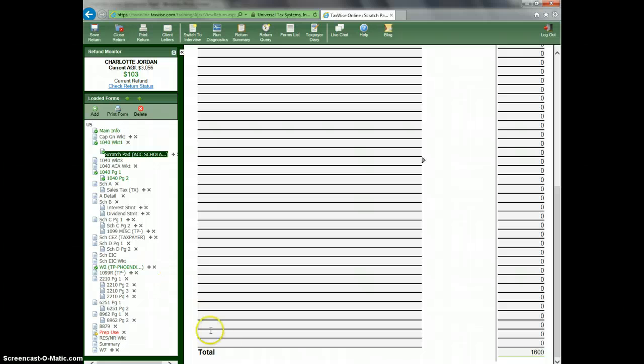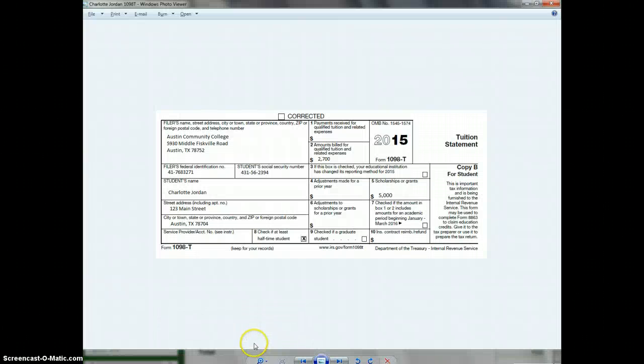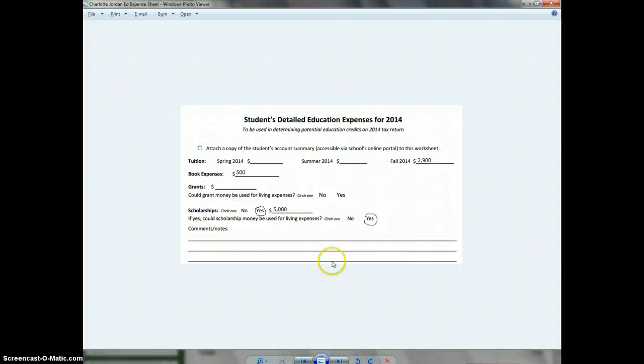Now if we look at things in the alternate calculation, since all of her scholarship income could be used for living expenses, we can do this kind of cool thing where we report all of the scholarship income on her return, and we can give mom and dad an education credit, because remember, education credits always go on the return for whoever is claiming the student's exemption.